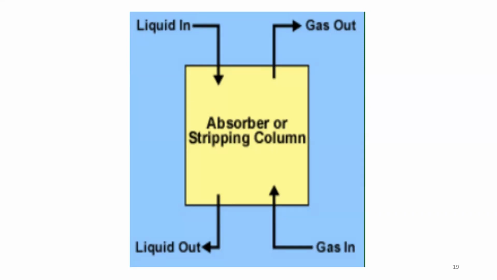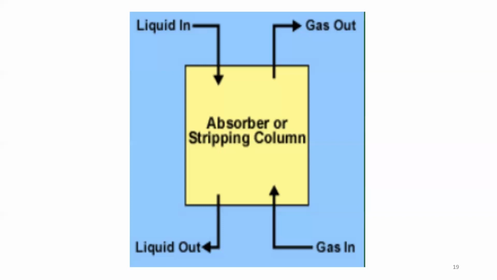Now in this case, the gas mixture is going to enter from the bottom side, because naturally as the gas is less dense than the liquid, that is why the gas flows from bottom to top. The liquid is nothing but the solvent, and it is a particular solvent which is selected on the basis of the gas characteristics.